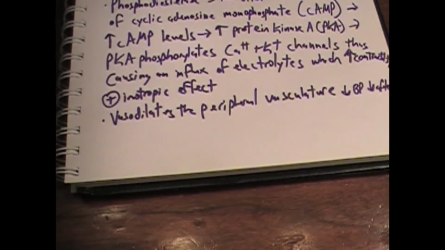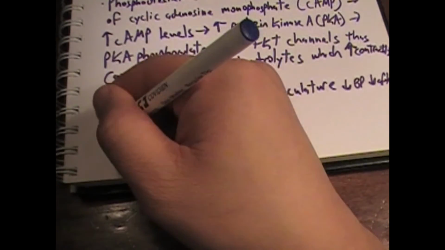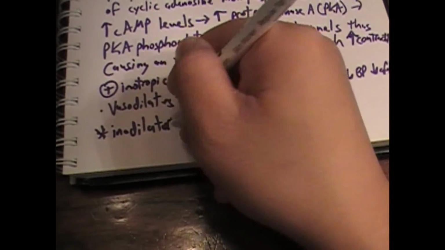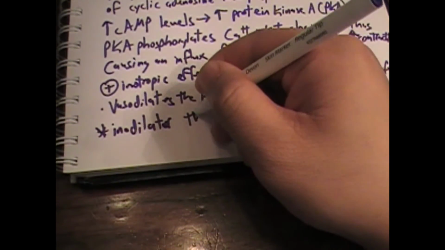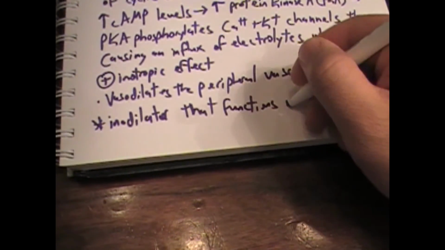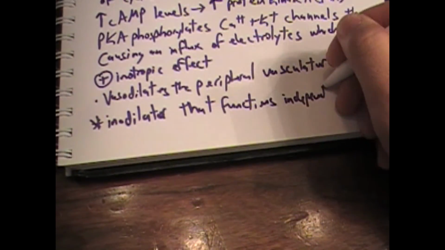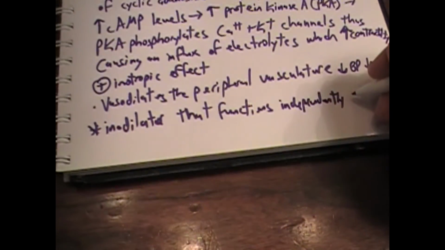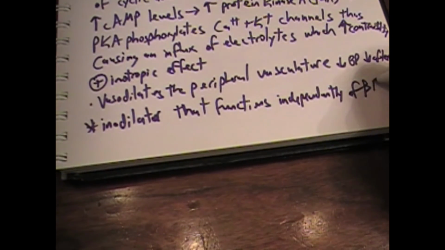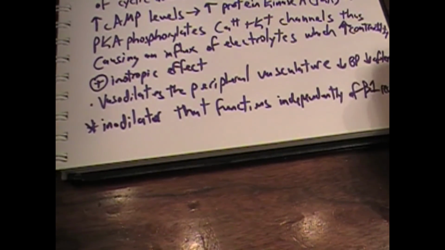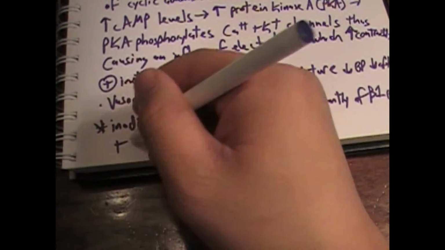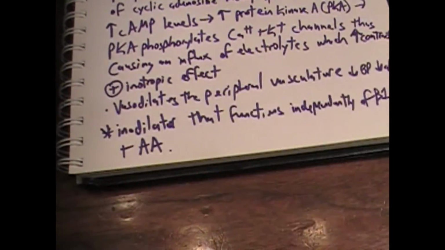So milrinone, very much like dobutamine, is an inodilator that functions independently of beta-1 receptors and any of the adrenergic agonists.